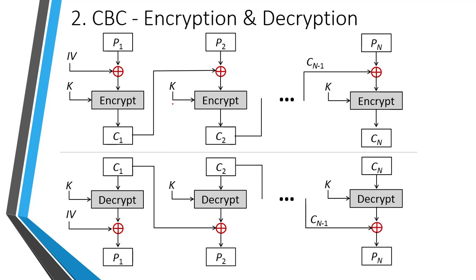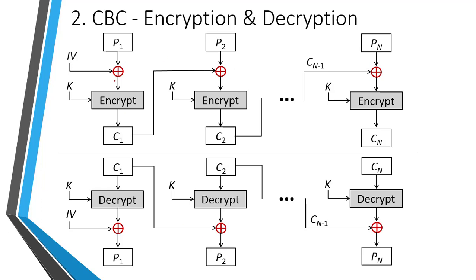Here you can see that each plaintext block is exclusive-ORed with the preceding ciphertext block. After that the encryption algorithm is applied using the same key and ciphertext is generated. On the decryption side also, after applying the decryption algorithm, the output is exclusive-ORed with the preceding ciphertext block and the plaintext is generated.